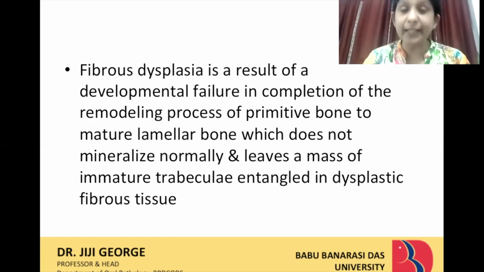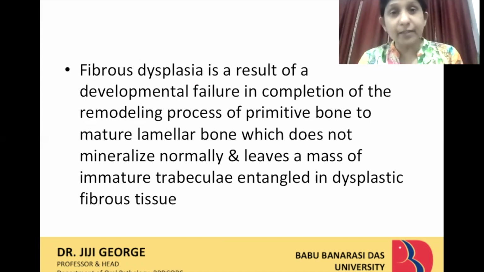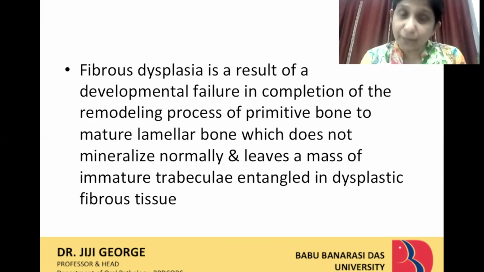So that's what I said: initially there is normal bone, and this normal bone resorbs and is replaced by fibrous connective tissue. Inside the fibrous connective tissue, you now find new bone forming, which actually is woven bone or immature bone. It's not functionally competent bone. So that's what you see in fibrous dysplasia.